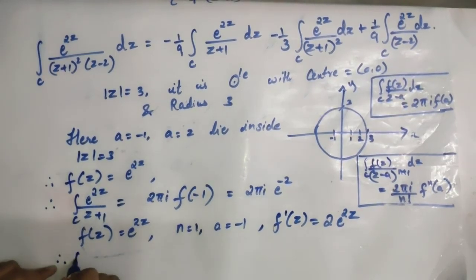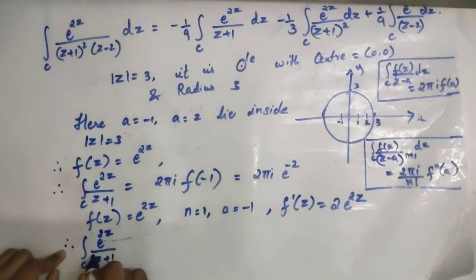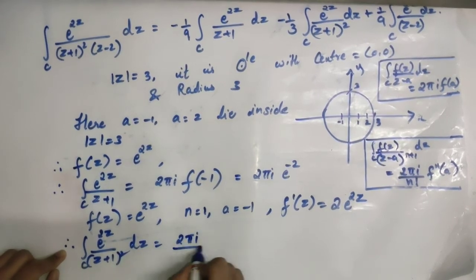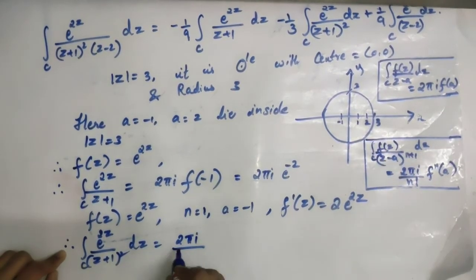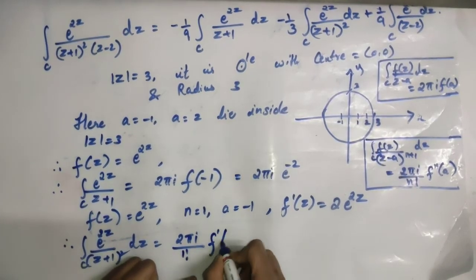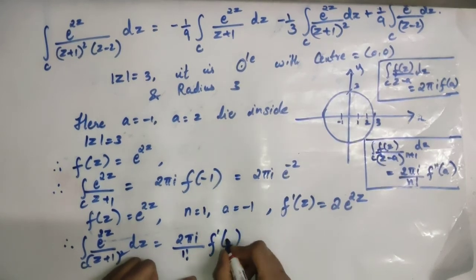Therefore the integral over the curve C of e^(2z) divided by (z+1)^2 dz is equal to 2πi divided by n!. Here n equals 1, so 1 factorial, times f'(a), which is f'(-1) in this case. Please write it properly.